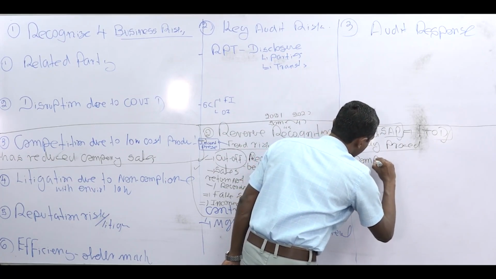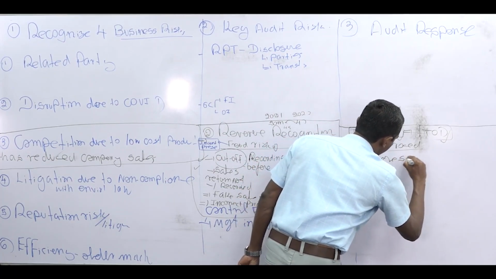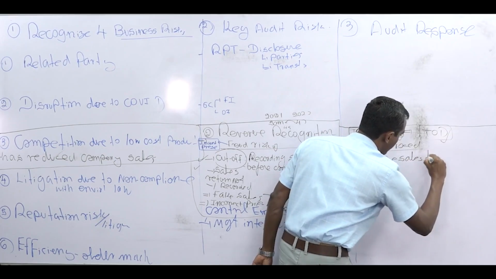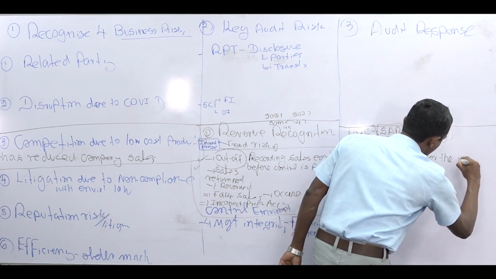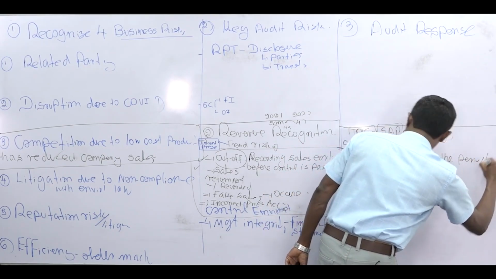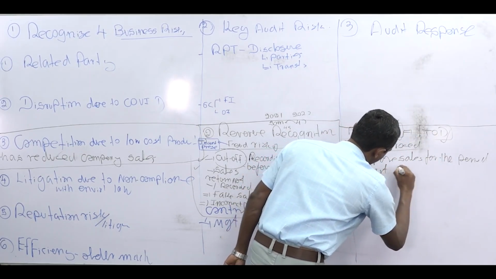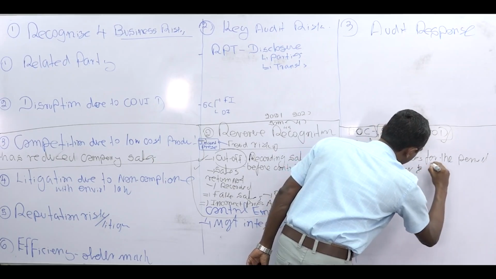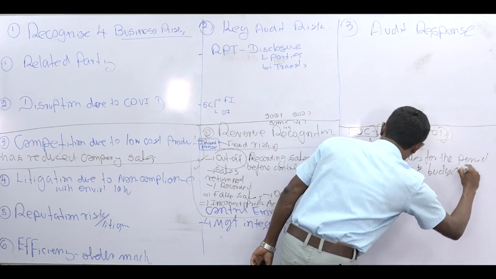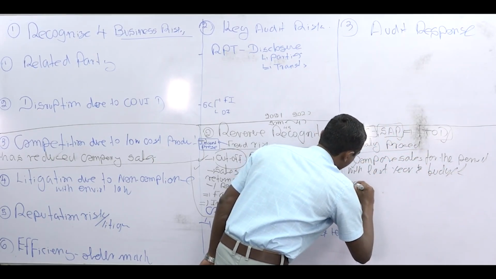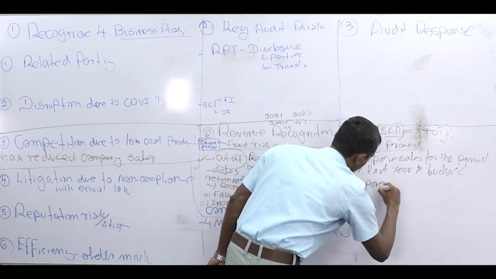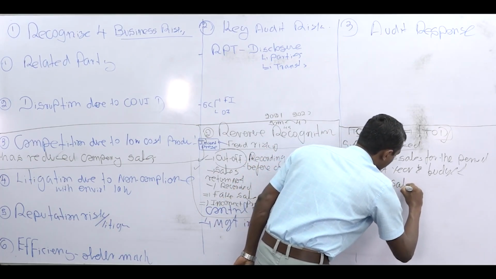Compare sales for the period with last year's sales and budgeted. That's one. Then I also said compare, that's total sales, sales breakdown.